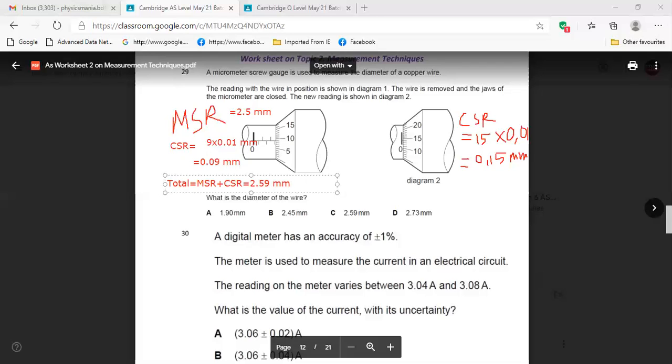Now, to find the diameter of the wire, how can you find it? You will find it by subtracting, isn't it? Yes, sir. Then what is coming? 2.59 minus 0.15. What is the reading coming?